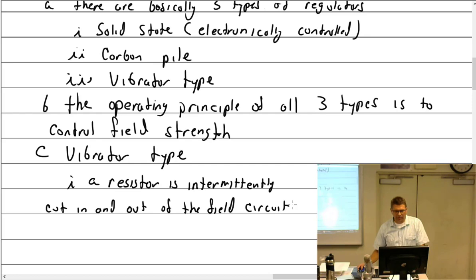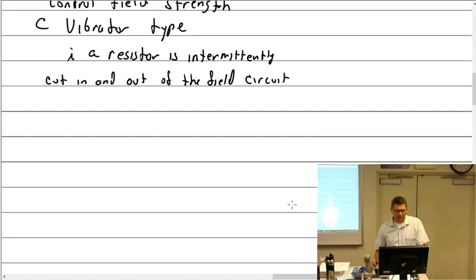I'm going to scroll up here so I have more room to write. The resistor is intermittently cut in and out of the field circuit by normally closed breaker points.